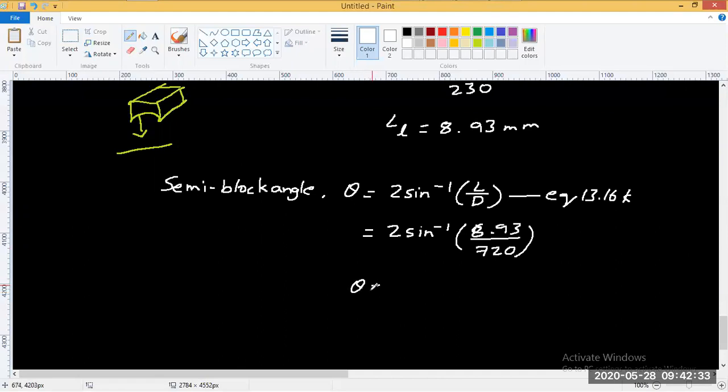So we can find how much theta, the semi-block angle, is: 8.93 over 720, sine inverse of that, and times 2. So I've got theta as 1.42 degrees.